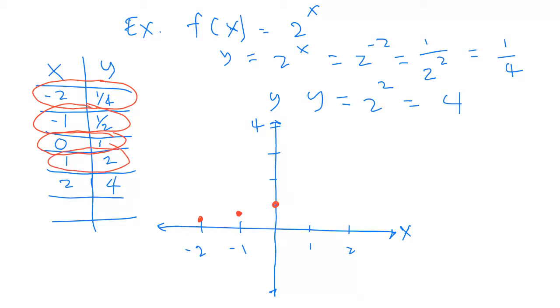And then 1, 2, 1 for x and 2 for y. So that should be somewhere here. And then 2, 4. 2, 4, so that should be somewhere here. Okay. And then just draw a smooth curve along those points.